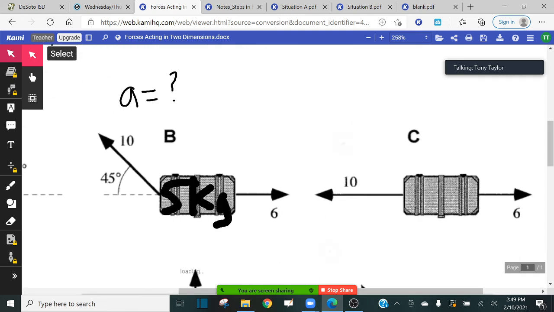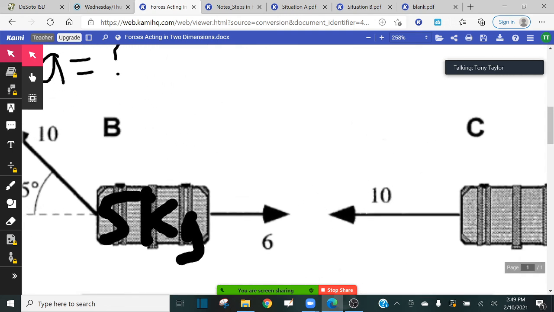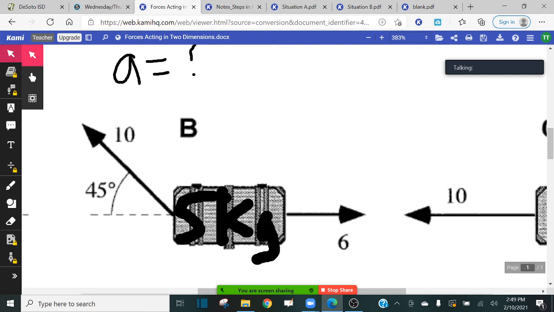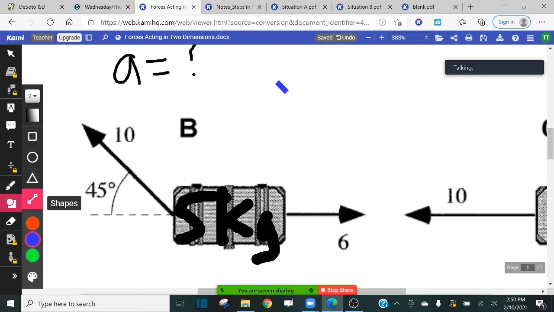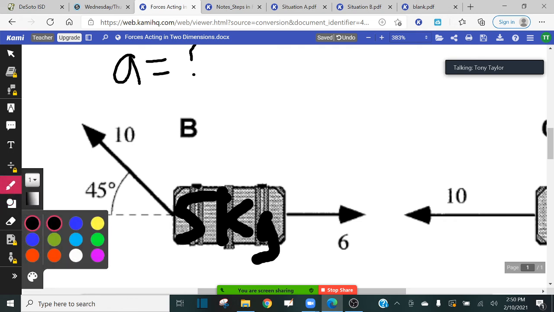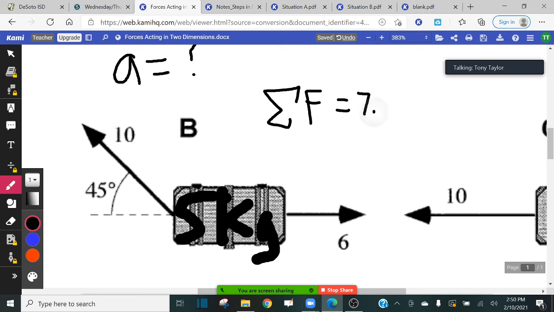So for situation B, the sum of our forces is equal to 7.15 newtons. Because when we did those steps, in other words, guys, that is our net force. Our net force is 7.15 newtons. When I take this force and combine it with this force, I get 7.15 newtons.